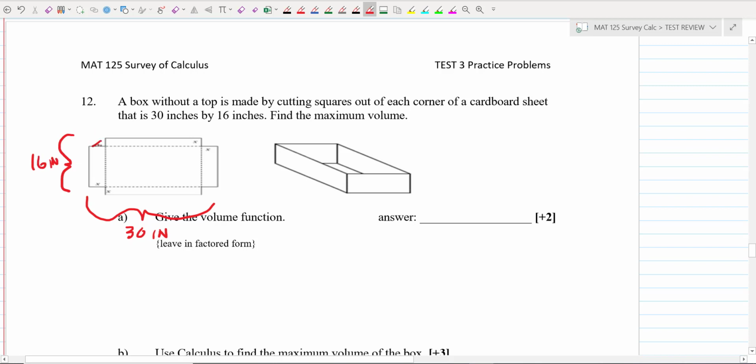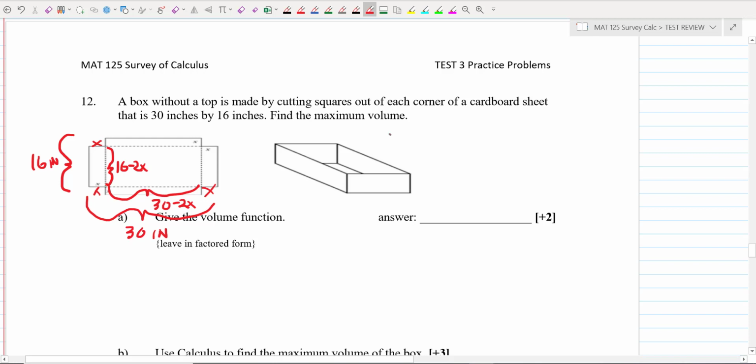However, we're cutting off these values here. So this little piece here is no longer 16. It's 16 minus 2x, because we just chopped off these two little corners that are x by x. Same thing happens here. This thing is no longer 30. It's 30 minus 2x, because again, we chopped off these two corners.